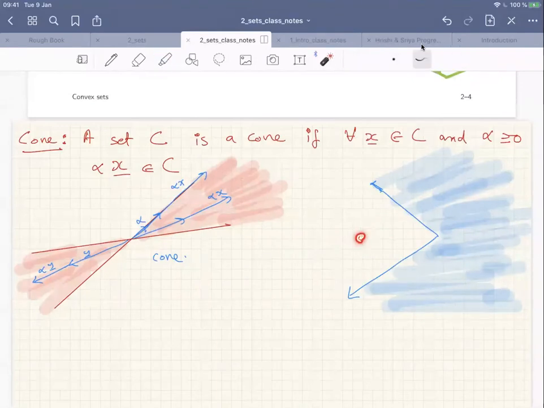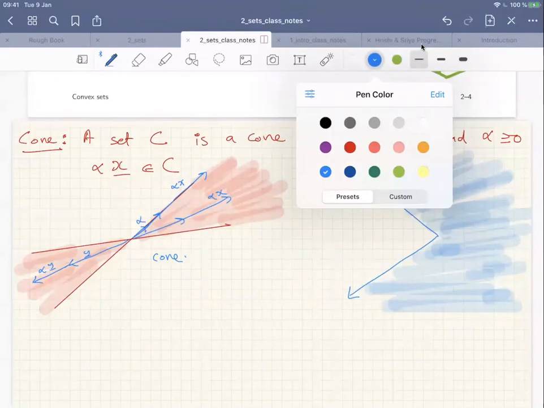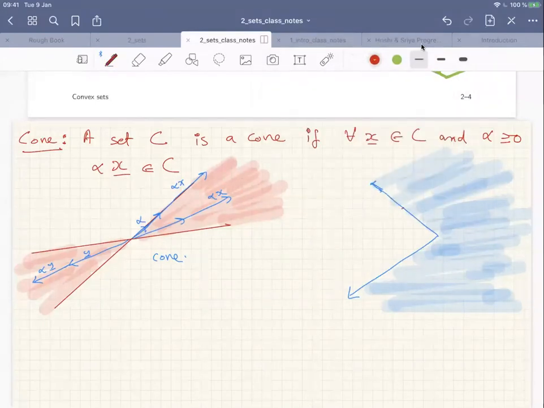Of course this part is also a cone, but let's consider the cone here. Why is this a cone? If you take any vector x, then alpha x is also part of this set. If you take a vector y here, then alpha y is also part of this cone.